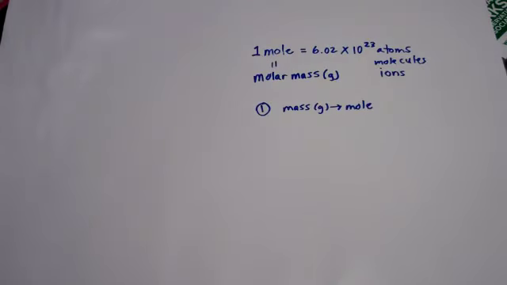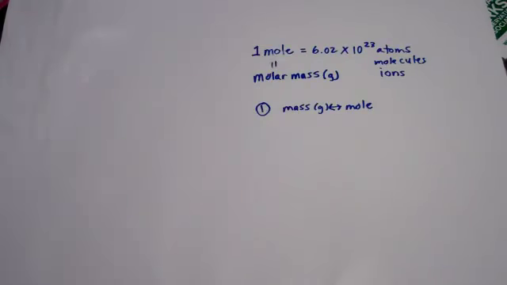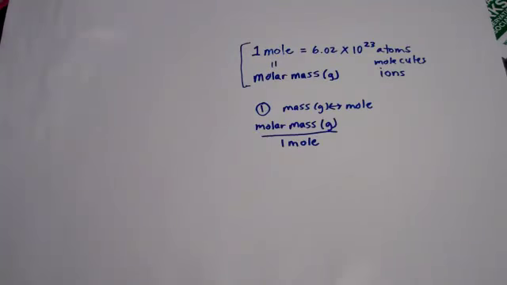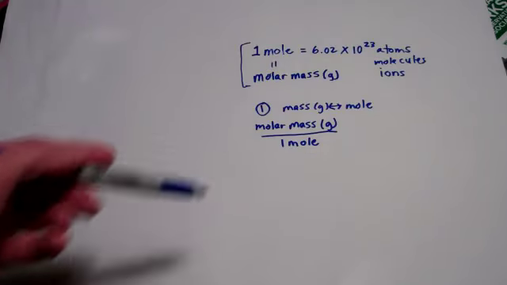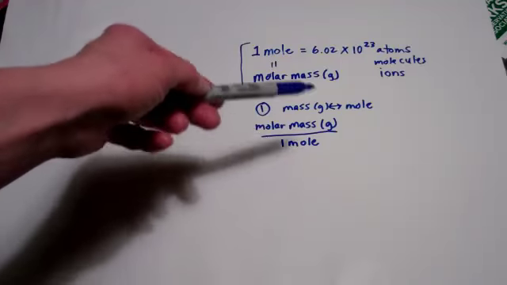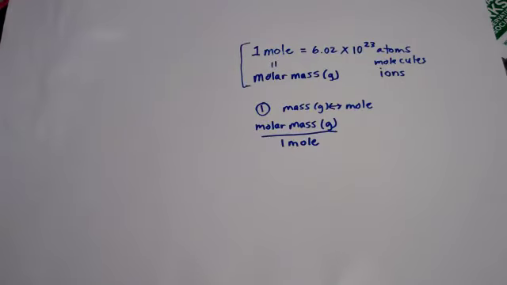So when you see problems that are going from mass to number of moles or from moles to number of grams, you would know that you're going to use this conversion factor: the molar mass in grams is equivalent to 1 mole, or you can say the molar mass in grams over 1 mole. And you can also flip-flop this depending on how you need it. You could have 1 mole over the molar mass.